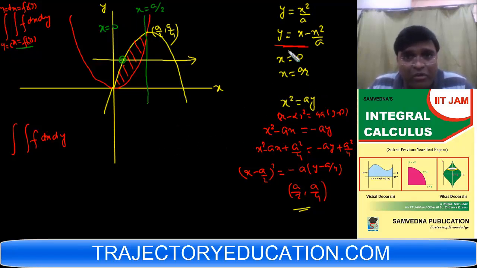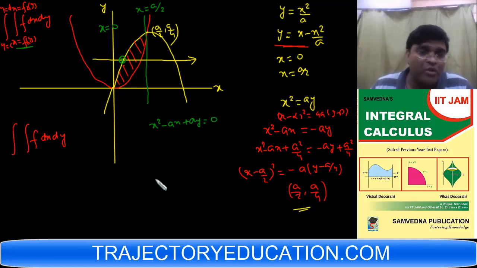See, your equation is y equal to x minus x square by a. So I can write this as x square minus ax plus ay equal to 0.